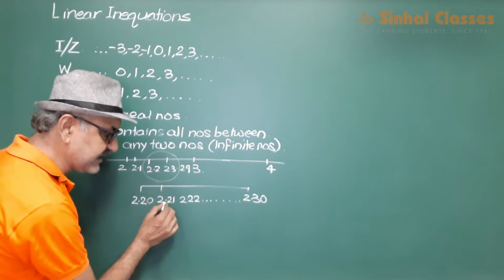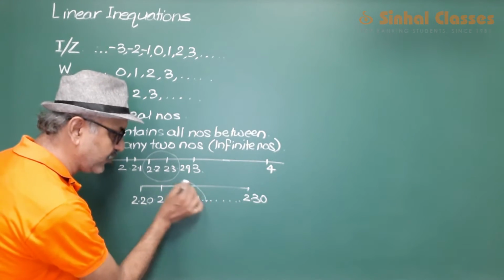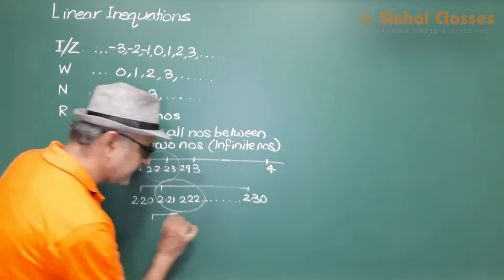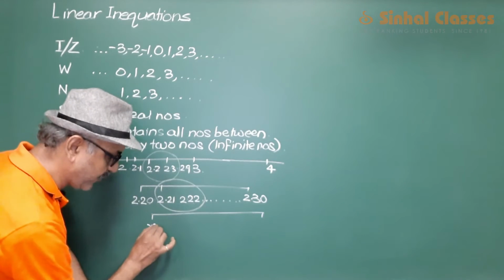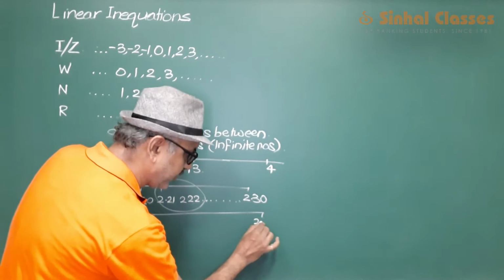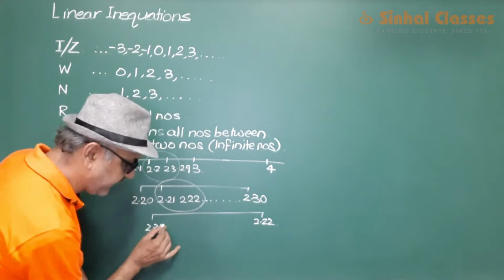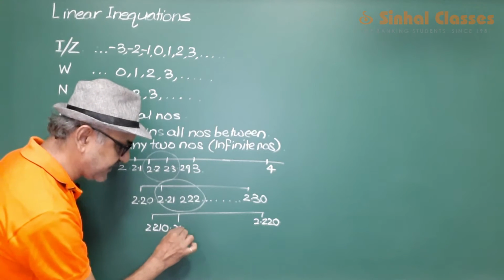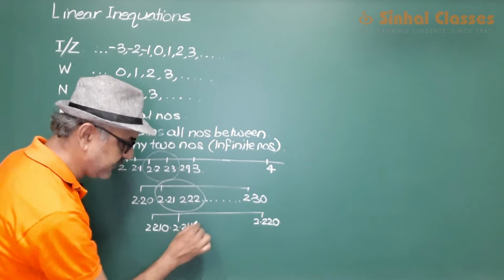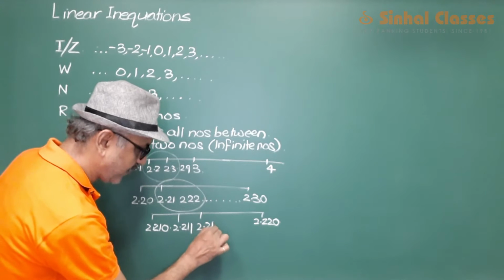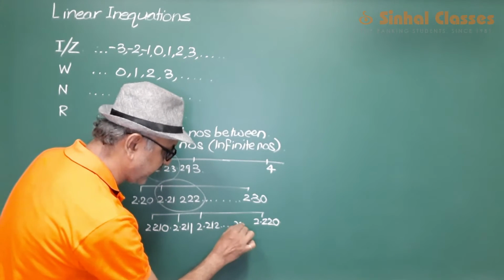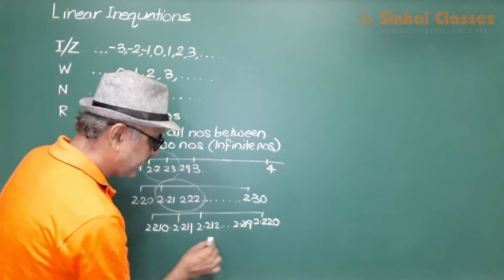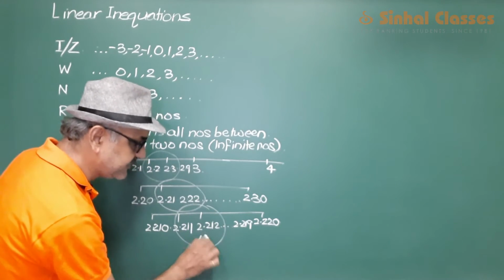you see that between 2.2 and 2.3 again there are so many numbers involved. And if you consider these two numbers 2.21 and 2.22, and add a 0 here at the end, you find numbers 2.211, 2.212 and so on up till 2.219, and then this goes on.